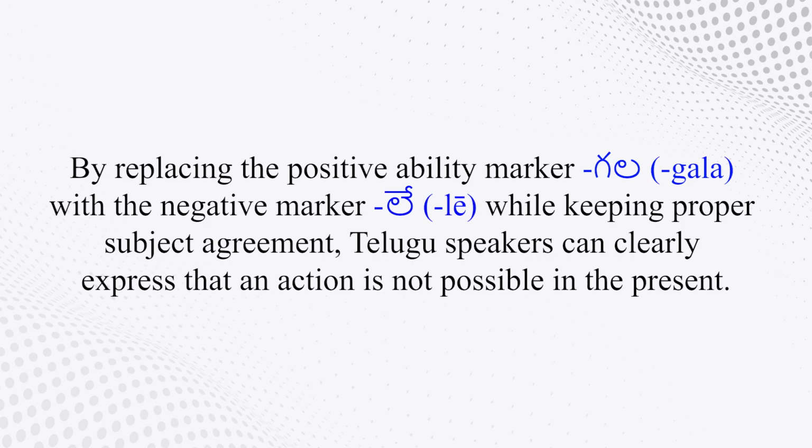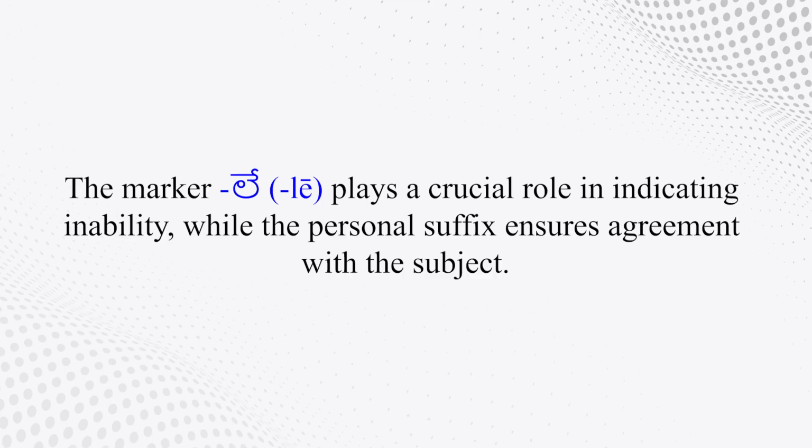By replacing the positive ability marker, gala, with the negative marker, lay, while keeping proper subject agreement, Telugu speakers can clearly express that an action is not possible in the present. Thus, this structure clearly expresses that an action is not possible in the present moment. The marker lay plays a crucial role in indicating inability, while the personal suffix ensures agreement with the subject.